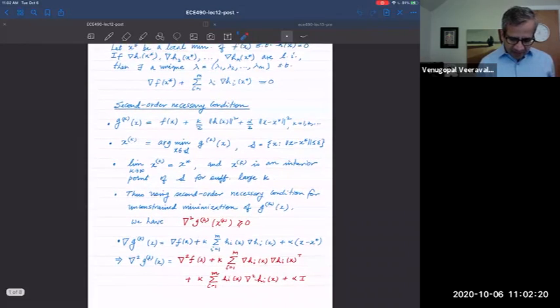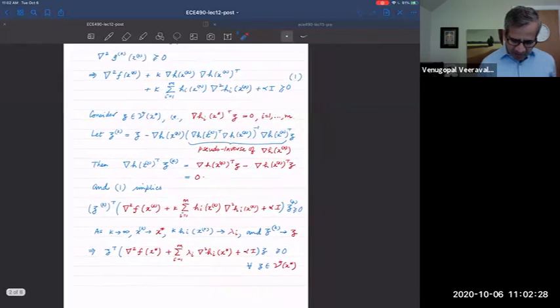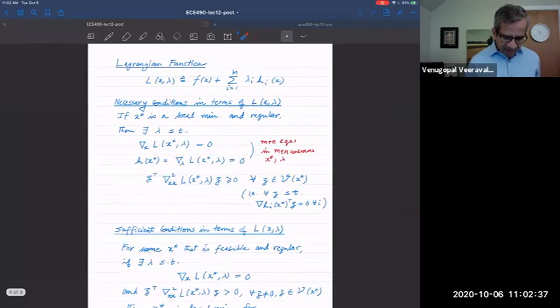Then we went on to see what the second order necessary conditions would be, assuming twice differentiability again. Let's go to the result in terms of the Lagrangian.